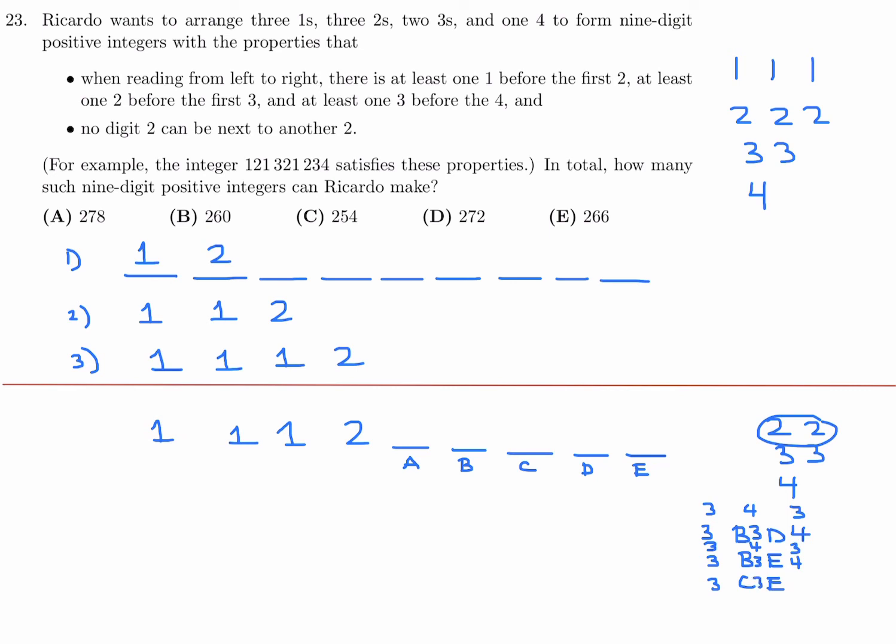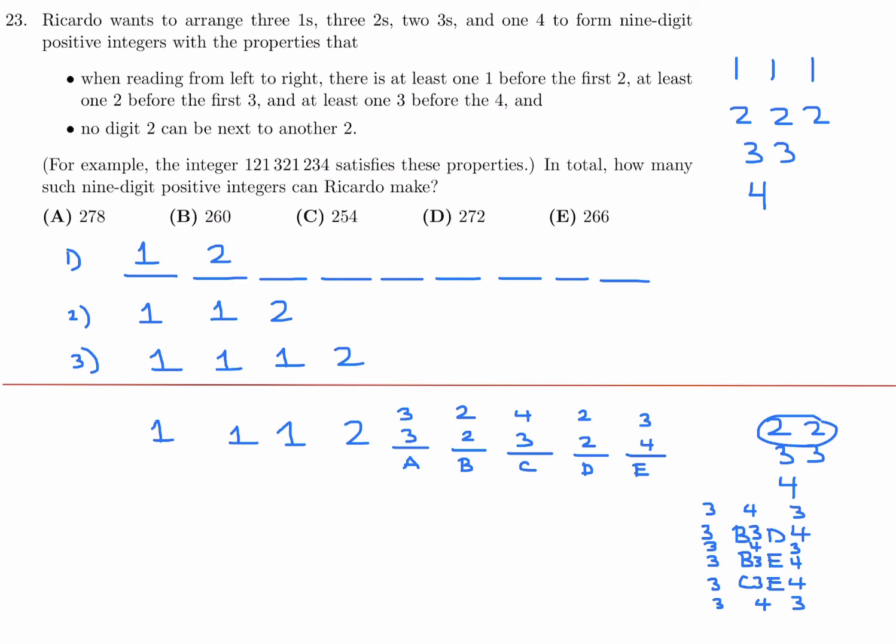And then same thing, 3, 3, 4, or 3, 4, 3. So basically, if B and D were the places where the 2's were being placed, it would be 3, 3, 4, like that, and then 3, 4, 3, like that. The 4 can't go in slot A because they have to put at least 1 3 before it.